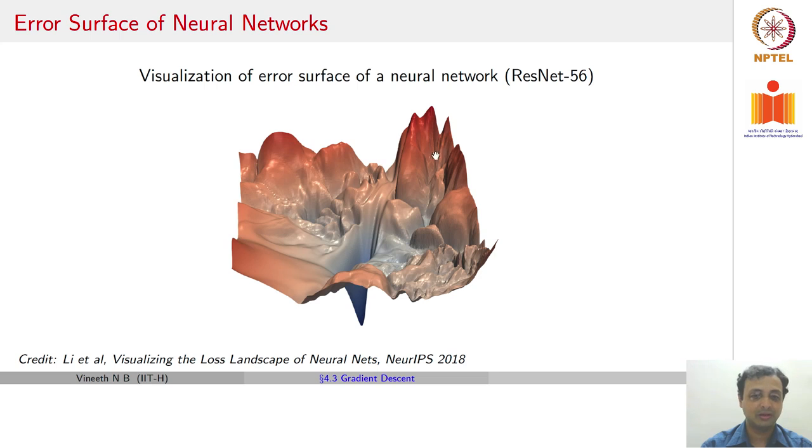Clearly, you can see here that this is a very non-convex surface. It's not a single bowl-like shape. It's a non-convex surface with lots of undulations. So it's not a trivial task to be able to traverse this surface.